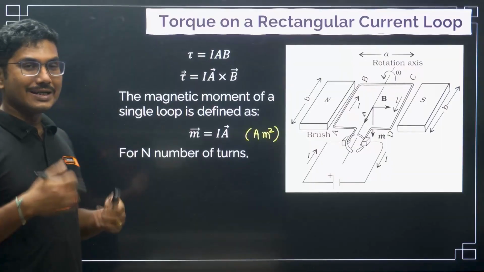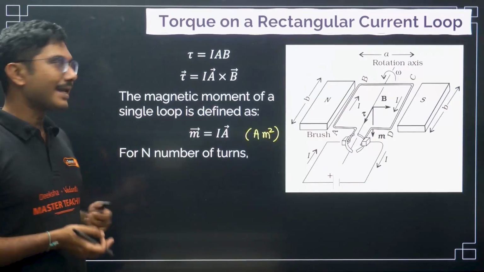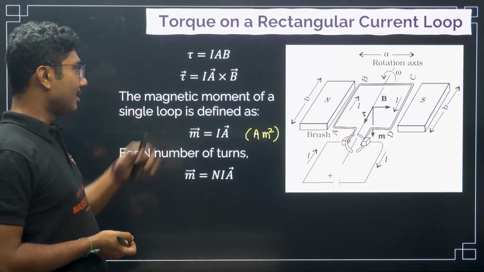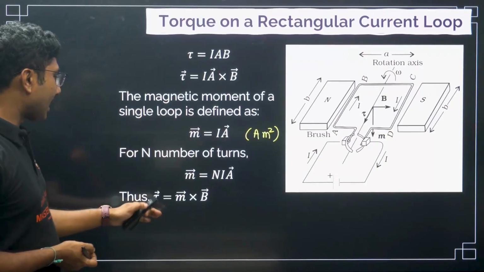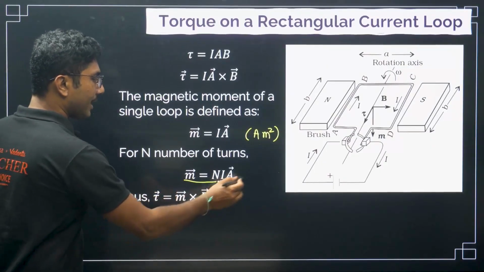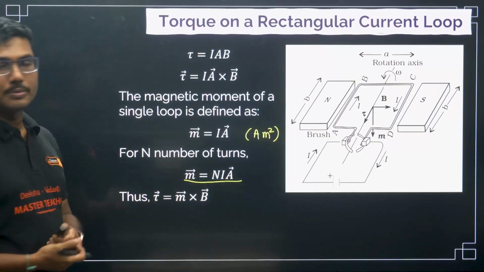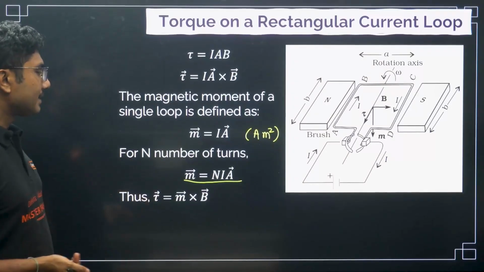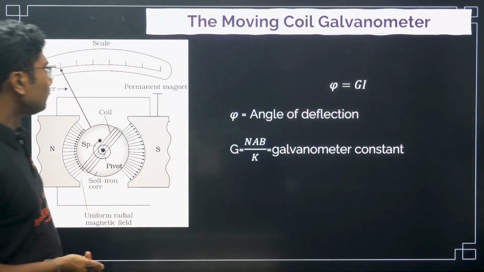So if you increase the number of turns by n times, then the magnetic moment becomes NIA and the torque can be written as M cross B. Scalar-wise, it is MB sin theta.